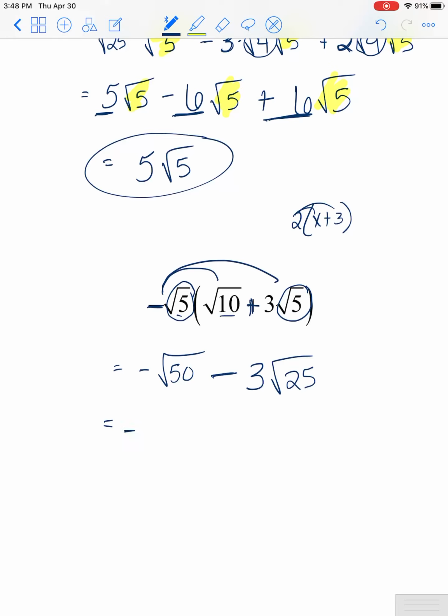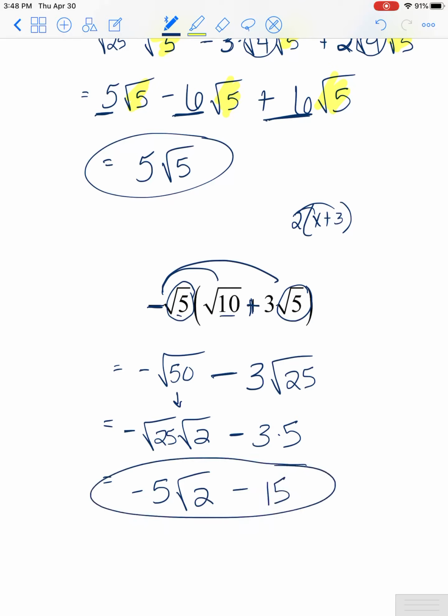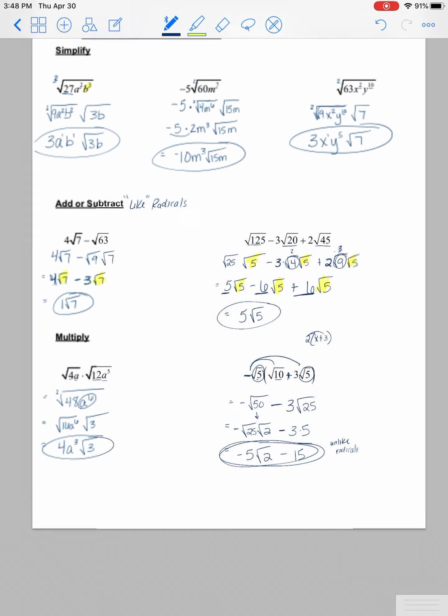So I can split this up into negative 25 and 2, minus 3 times 5. So I get negative 5 radical 2 minus 15. Now that's my final answer because, again, you can't add or subtract these unlike radicals.